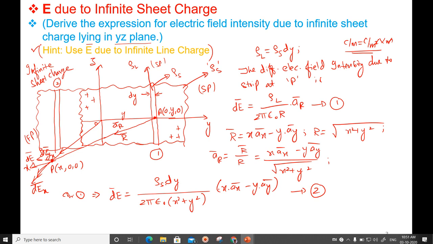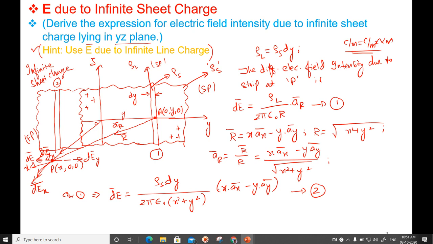The field at point P due to the second strip will have components dEy and dEx. See here, dEy due to the first strip is in the left direction, dEy due to the second strip is in the right direction. So the y component of the field will cancel out due to symmetry, because of the second strip, whatever I considered.